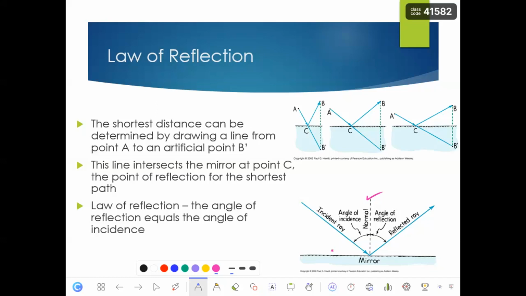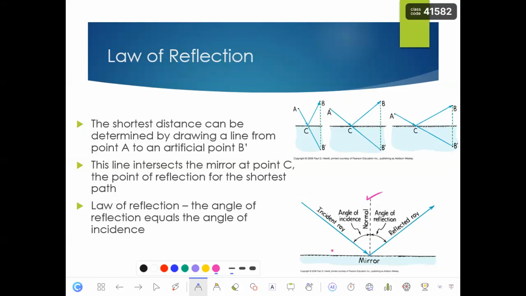One of the reflecting surfaces is a mirror. Plane mirror. Everyone has a plane mirror in their home, and we would like to see, if you are standing in front of the mirror, how this image is created by using the law of reflection.